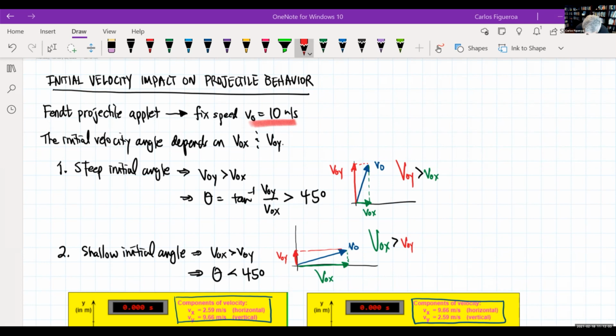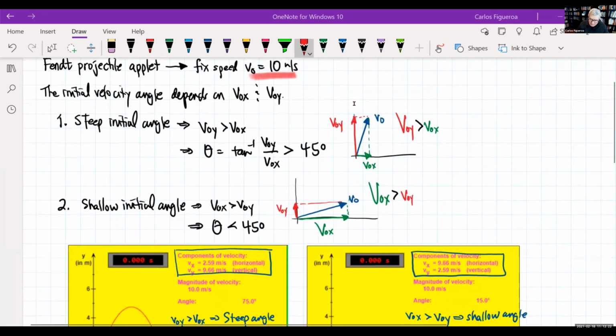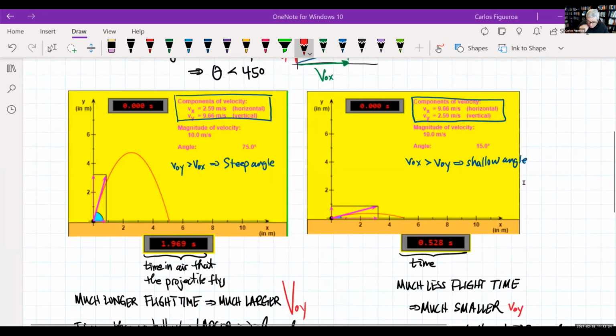And so that means that the initial x component in green is larger than the initial y component. And it turns out that looking at that V initial y really plays a big part. What I did here is I showed you this by looking at this applet by Fent.